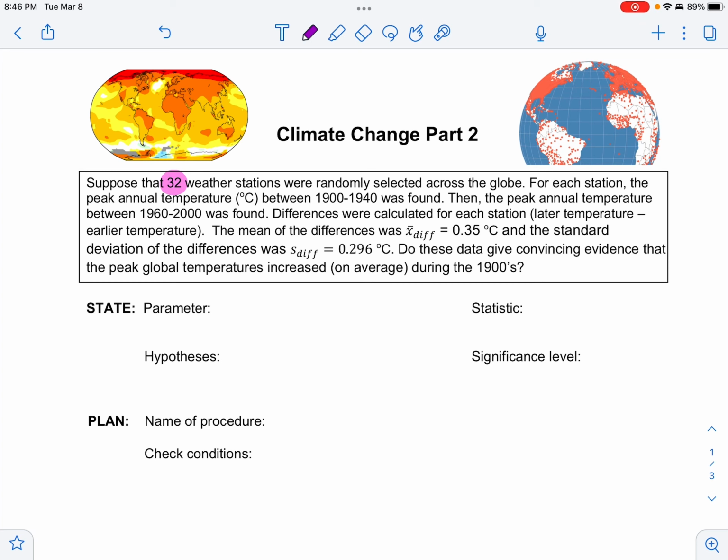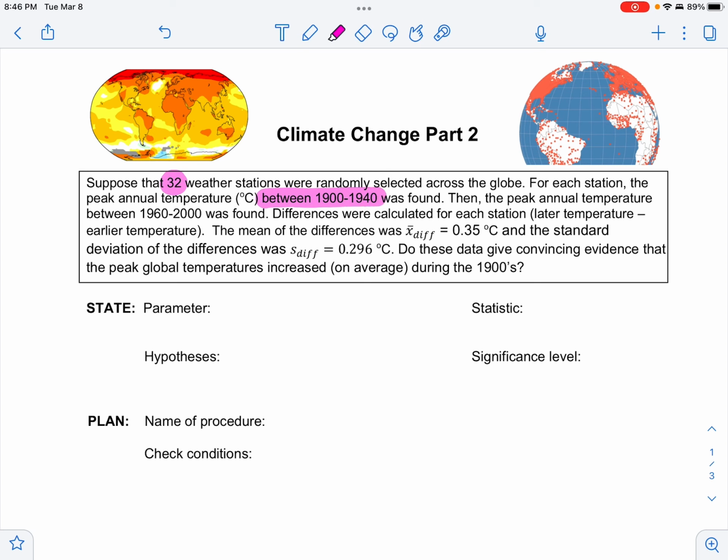So I'm going to highlight some important things as I read, show you what you should be doing as you answer questions as well. So for each station, the peak annual temperature, degrees Celsius, between 1900 to 1940 was found. So that looks like our first population, right, being between 1900 to 1940.